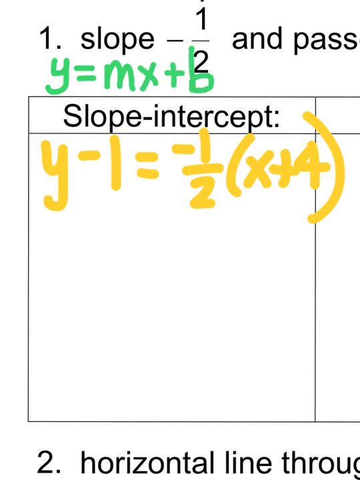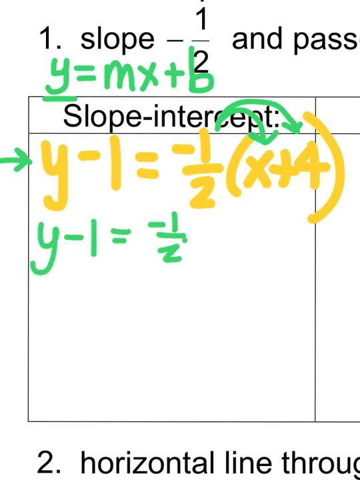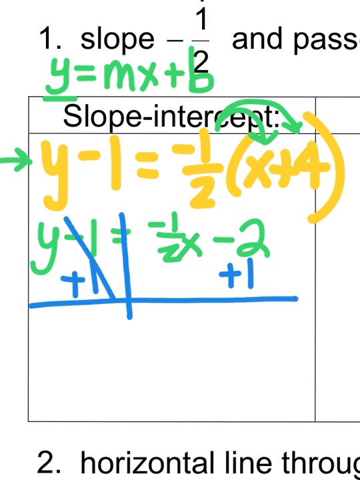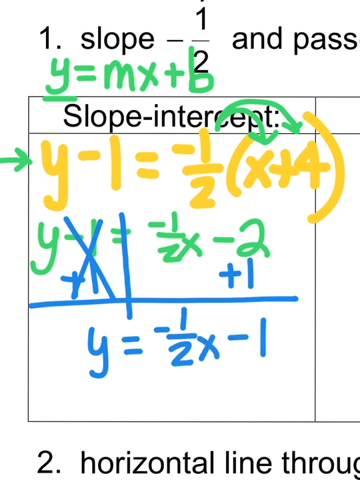We are given point-slope form, and if we simply isolate the y, then we will be in slope-intercept form. So let's start by distributing. y minus 1 equals -1/2 x minus 2. Let's continue isolating the y. This will cancel out, so we'll have y equals -1/2 x minus 1. Now we are in slope-intercept form.